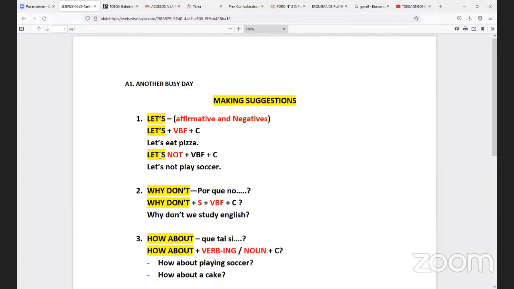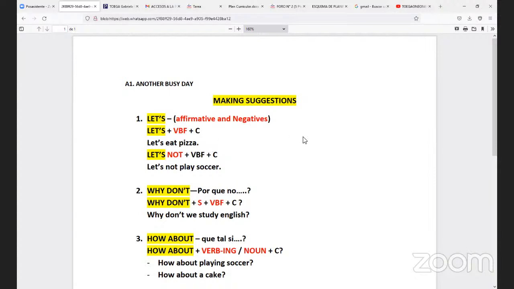So I have let's, not, and the verb in base form with the complement. For example, let's not play soccer. That is a negative suggestion in a group of people. Positive, let's eat. Negative, let's not play.